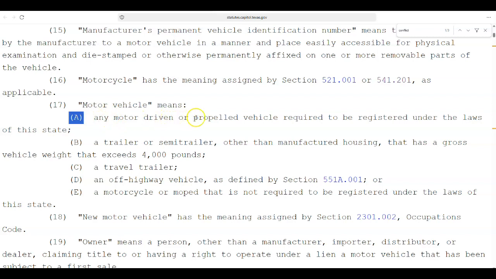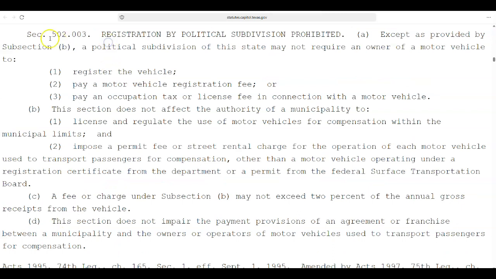Any motor-driven or propelled vehicle required to be registered under the laws of this state. Now the question becomes, what vehicles are required to be registered? Okay? To find that out, we're going to go here. Section 502.003. Registration by political subdivision prohibited.